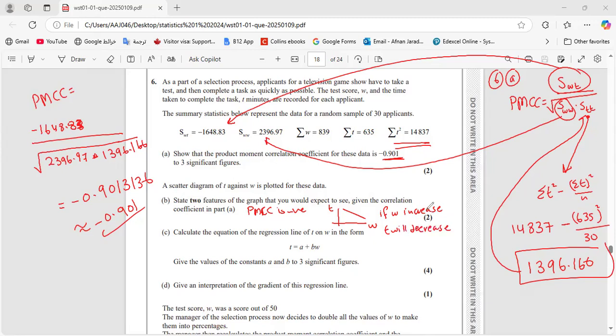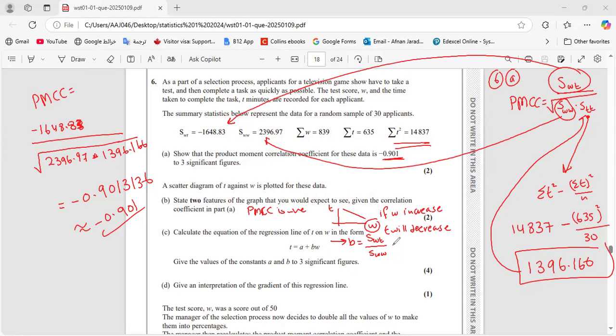Calculate the equation of the regression line of T on W in this form. How can I find the regression line equation? The first step is to find B, which equals SWT over SWW, because W is the x-axis, so it is SXY over SXX.